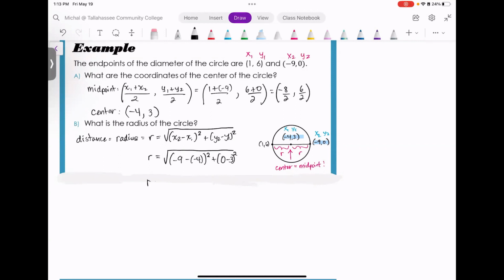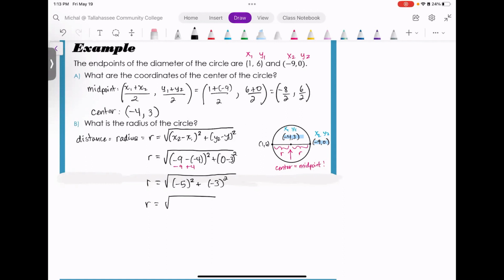When I simplify this, negative 9 minus negative 4 is the same as negative 9 plus 4, which is negative 5. Plus 0 minus 3 is negative 3, and we square that as well.